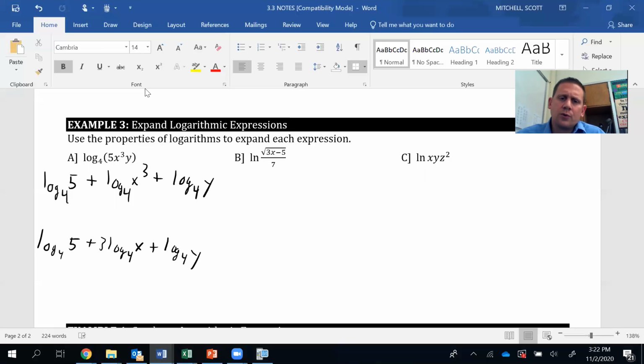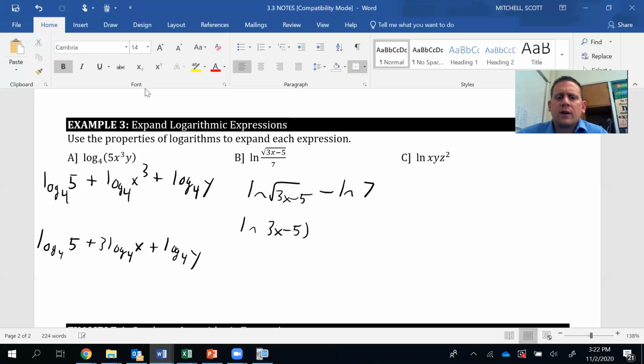So now we have a natural log. The rules are not different for log with other bases than the natural log. So I have a top and a bottom with one log. That means I have 2 logs. They're going to be separated by subtraction. So I have the top, and then I have the bottom. So what is a square root?